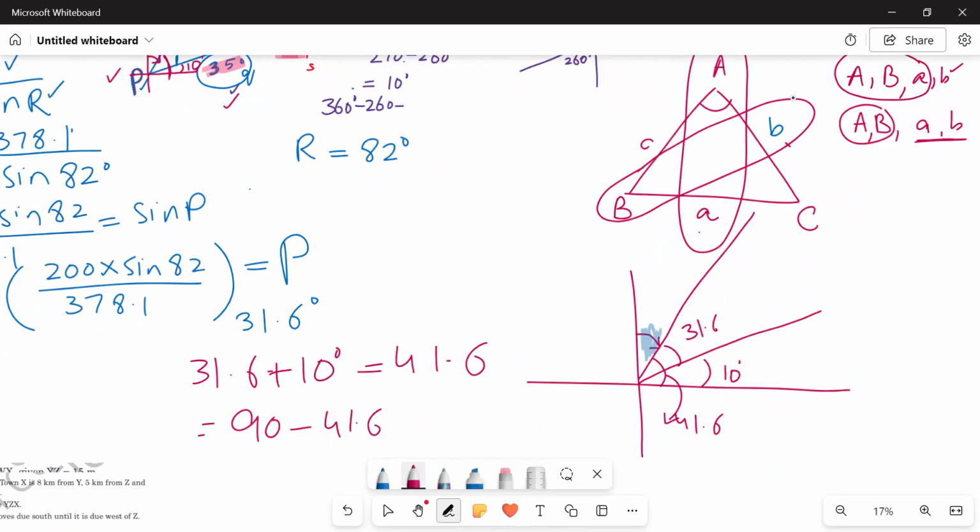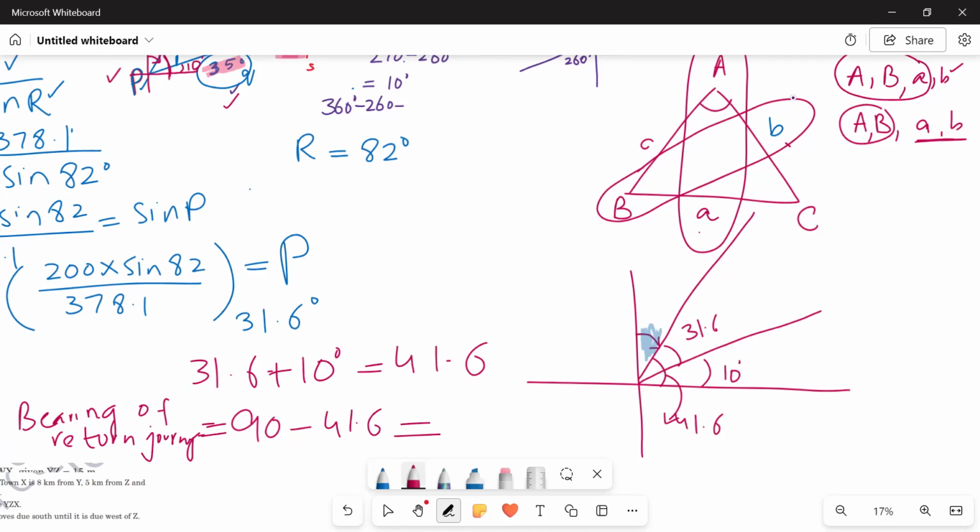So it is 90 minus 41.6. What is this? Yes, the answer is 51.6.